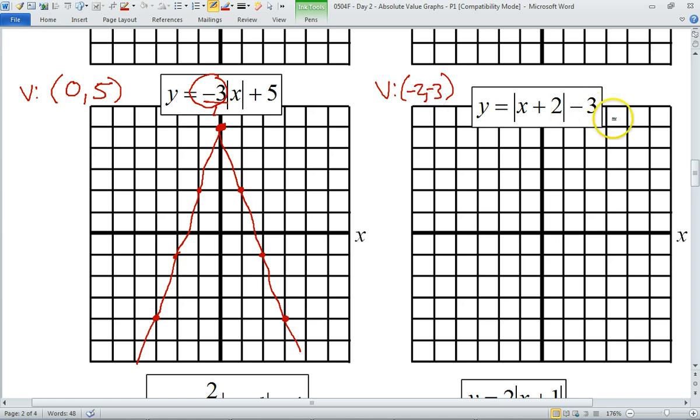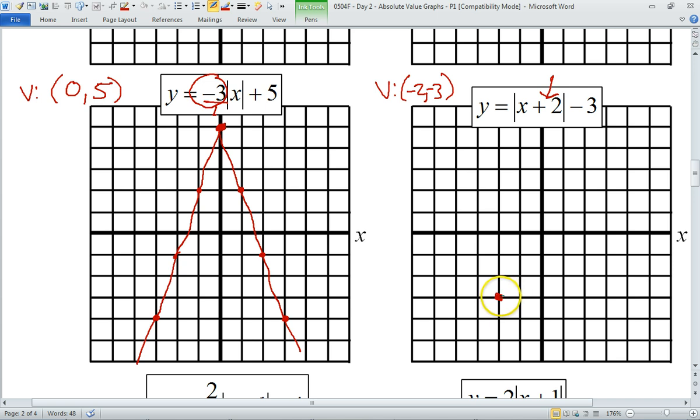So Hunter, remember, it's always the opposite of the one that's inside the absolute value. But the one on the outside, we keep that the same. So -2, -3, that's my vertex. So here I go. There's my vertex right there.